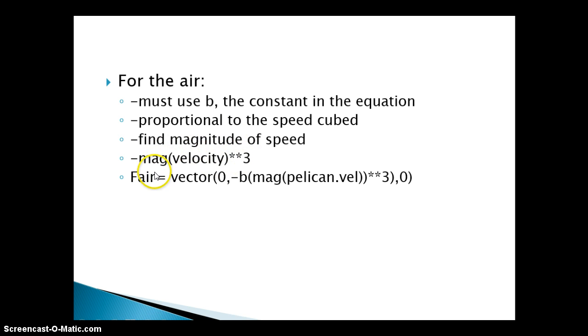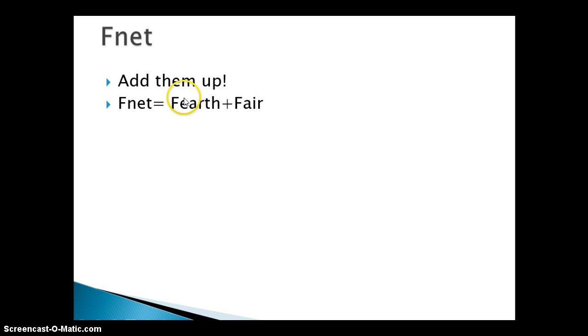Then we plug it into the equation, we get vector(0, negative b, because it points downwards, times the mag of pelican.vel cubed, which is what these two stars mean, and then 0). And now to find the net force, you simply add them both up. So you get the net force, F net equals F earth plus F air. Once you put all the steps I gave you into the problem, it should produce the new updated position. Thank you.